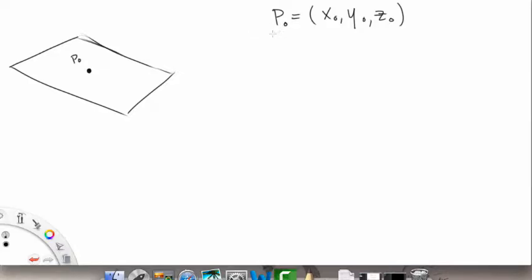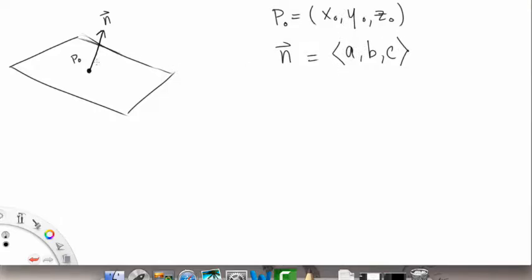So once we have this, it only follows that I should introduce the normal vector to the plane. So the normal vector would look something like this. I'll call it n for normal. And we'll say that it has components a, b, c, because it's a vector, so it has to have the arrow brackets here.